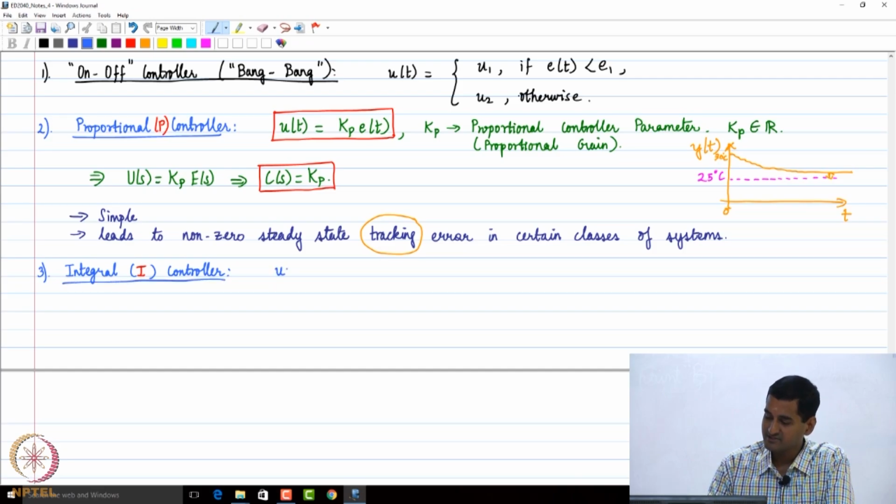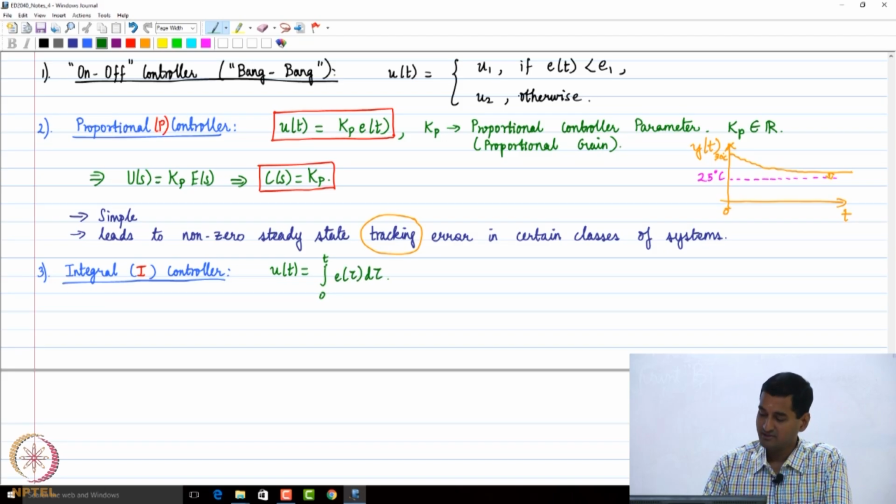As the name suggests, you take the control input u(t) to be the integral of the error over a time interval. So you take u(t) equals the integral of e(tau) d tau, and then multiply it by a constant Ki. Ki is once again a real number, and it is what is called an integral gain.